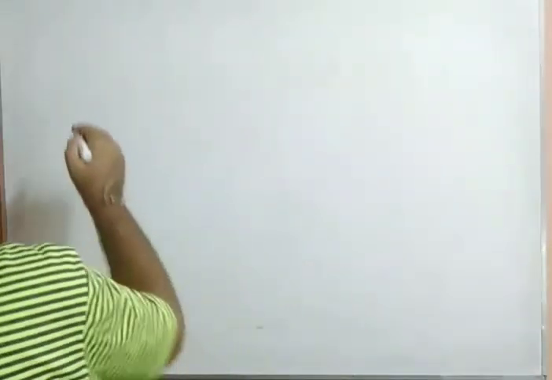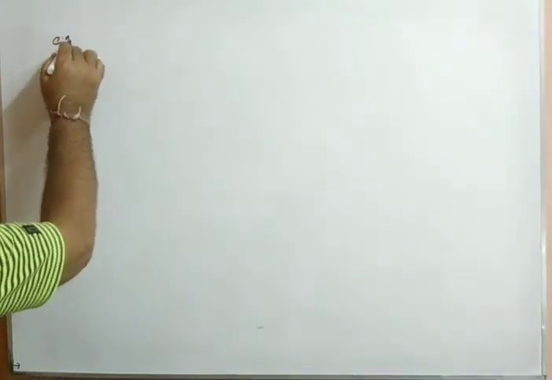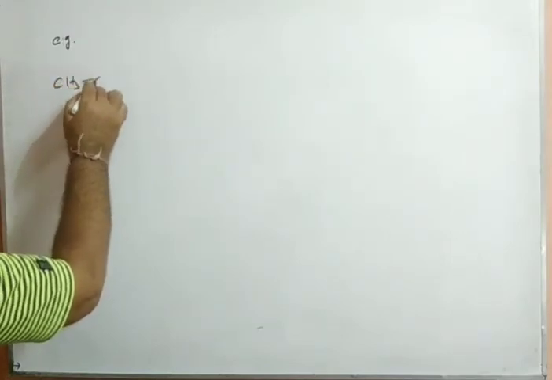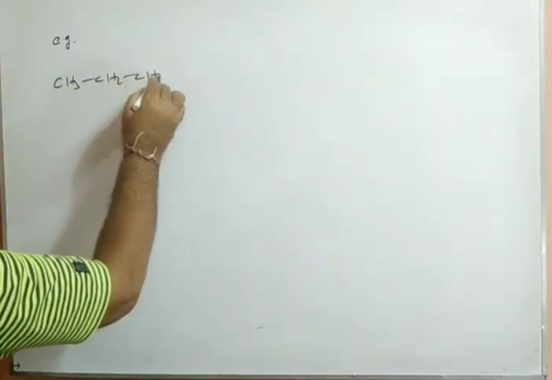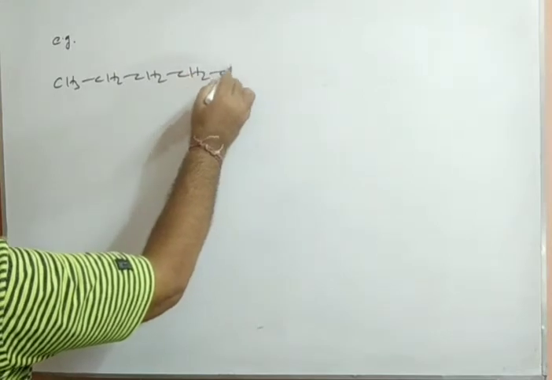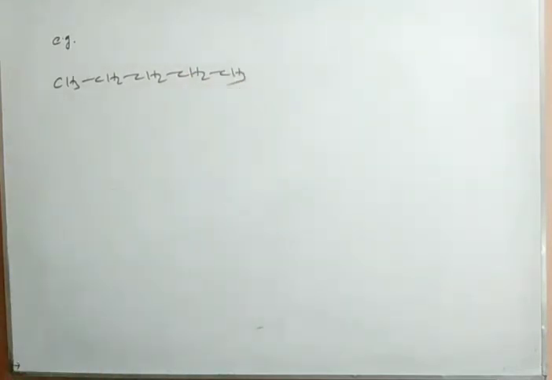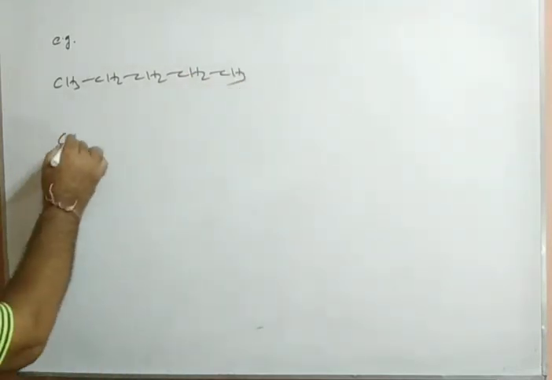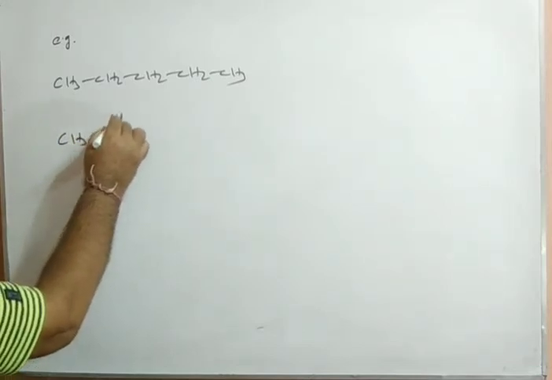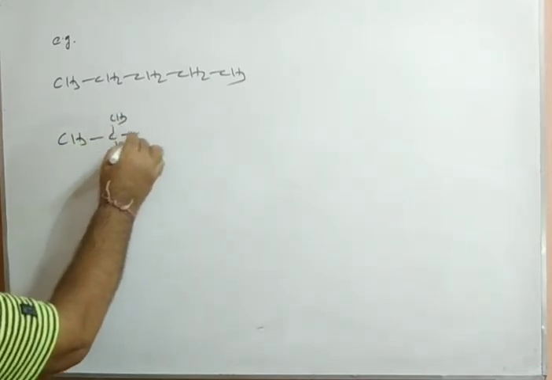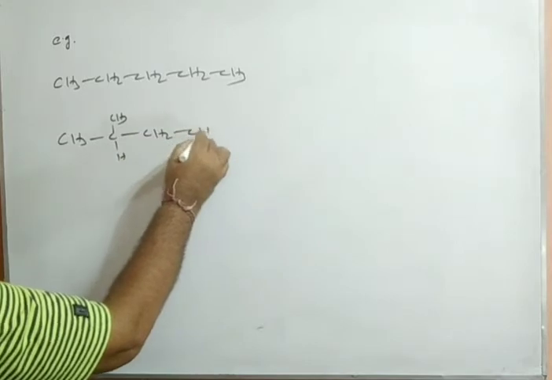Suppose you are given 5 carbon atom alkanes like CH3, CH2, CH2, CH2, CH3. Again, suppose given CH3, CH3, H, CH2, CH3.